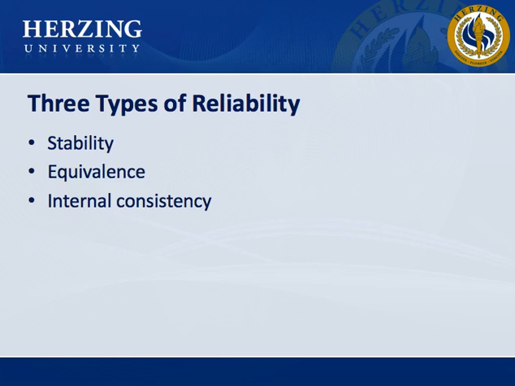Equivalence reliability of an instrument concerns the degree to which two different forms of an instrument obtain the same results, or two or more observers using a single instrument obtain the same results. Alternate forms reliability or parallel forms reliability is a term used when two forms of the same instrument are compared.